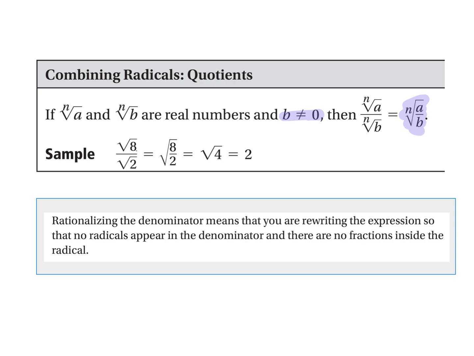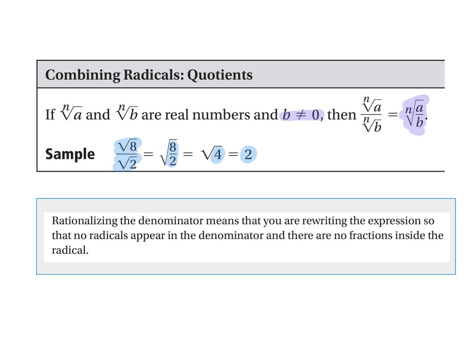Okay, so let's look at some examples here. You have root 8 divided by root 2 is equal to root of 8 over 2. Now 8 over 2, simplify what's inside the radical sign, and that's going to give you 4. And the square root of 4 is, as we know, 2.